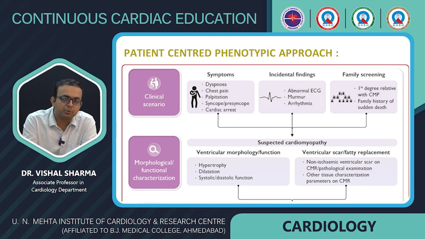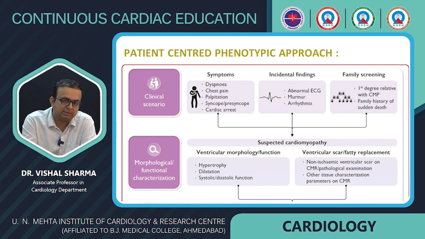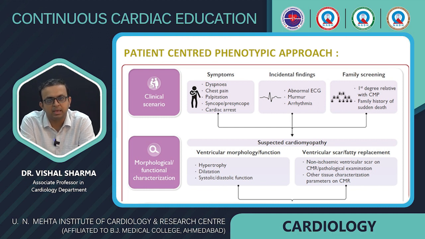And how do we approach such a patient? The approach is simple. You need to just have a look at the LV muscle and the RV muscle, the muscle of the heart, by a simple imaging technique like 2D echocardiography. And if MRI is available, then you can also go for cardiac MRI.